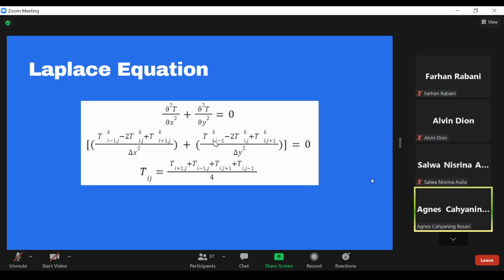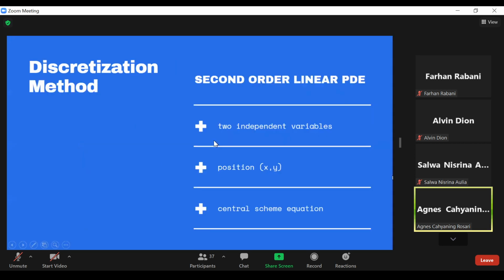Next. Okay, so we use a second order linear partial differential equation, where we have two independent variables, the positions x and y. Next.